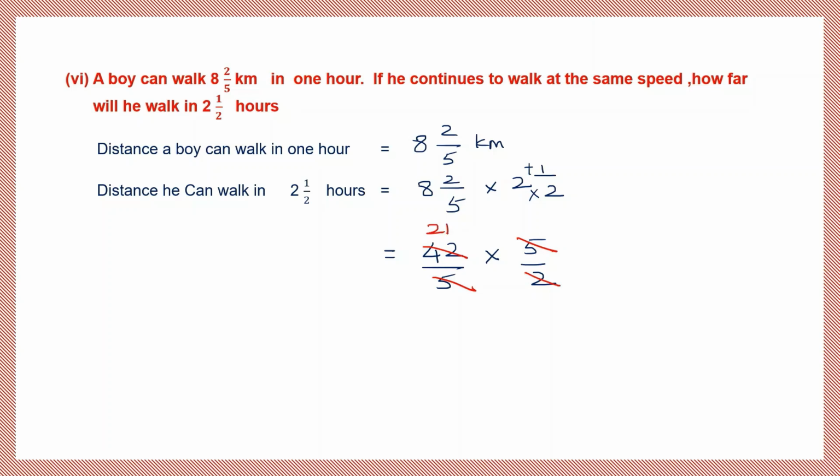So what do I have left? I have only 21 left. So if the boy continues walking at the same speed, he will cover 21 kilometers in 2.5 hours. So in 1 hour, we saw that he covered 8 2 by 5 kilometers. So in 2.5 hours, he will cover 21 kilometers.